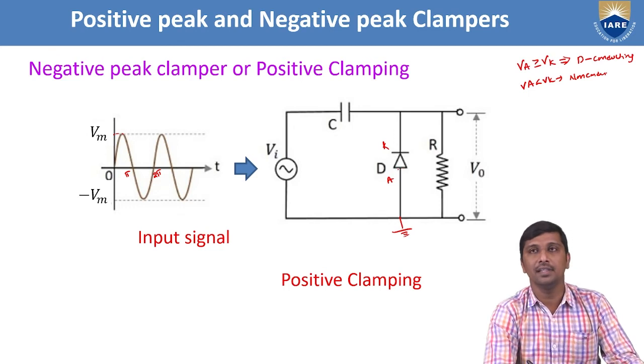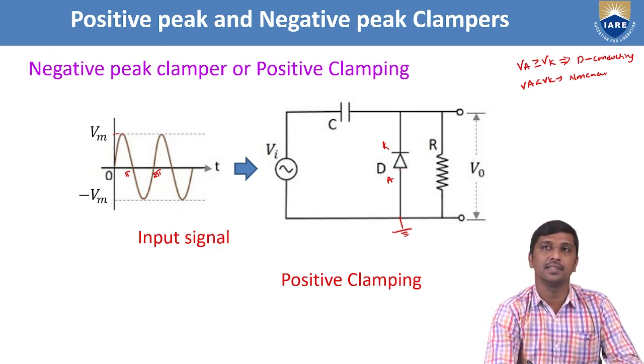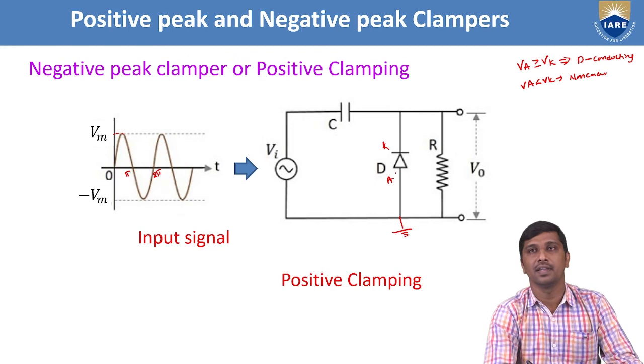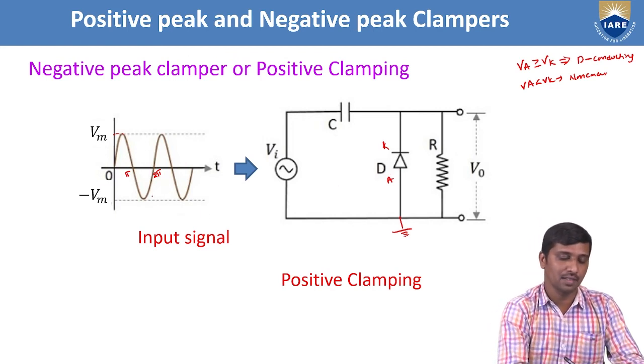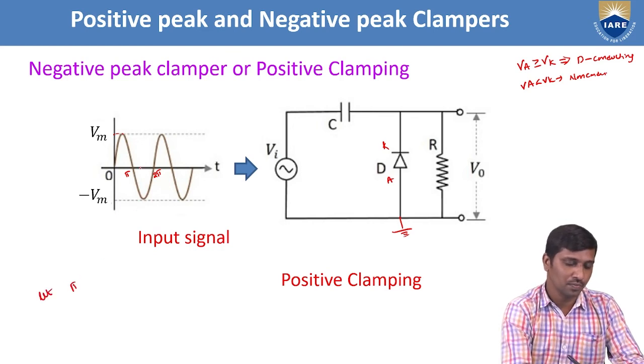Under this condition, we now need to analyze the response of the given clamping circuit. Now we'll see what happens. Let us consider the pi to 3 pi by 2 duration.